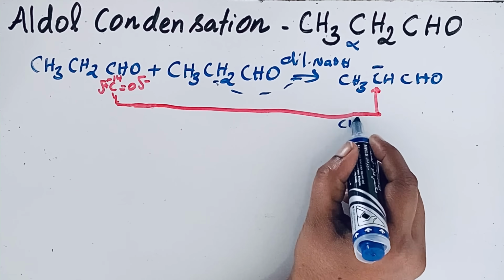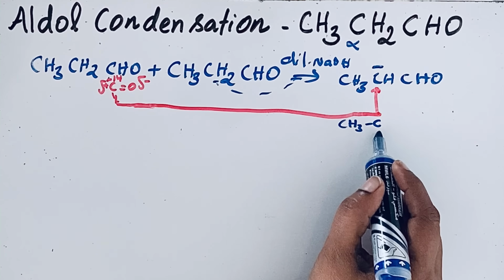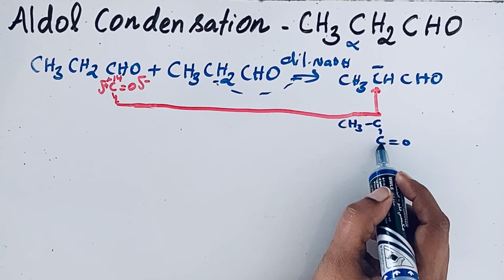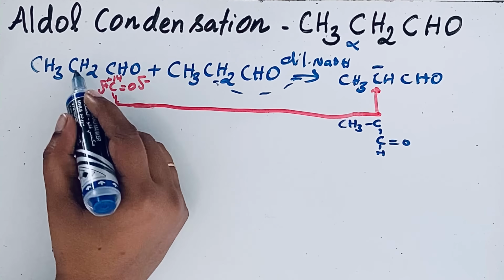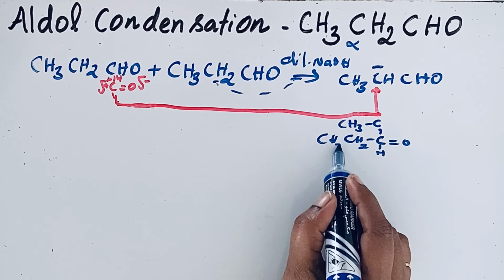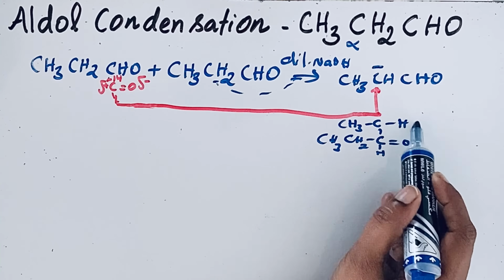So CH3, C, and then this C is attached here, double bond O and H, then CH2, CH3, CH2, CH3, and then here we have hydrogen and CHO.